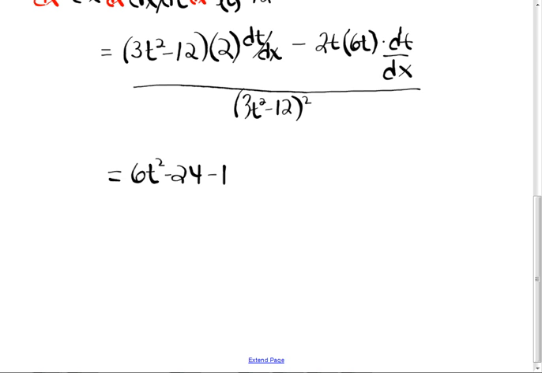Minus 12t squared. And having a dt/dx in the numerator is the same as having a dx/dt in the denominator. That's what I did fine, except I forgot the dt/dx when I did it.